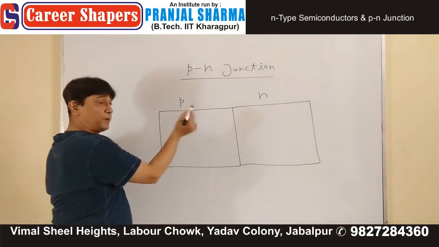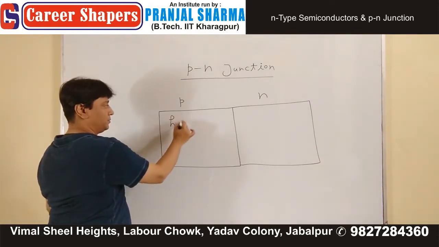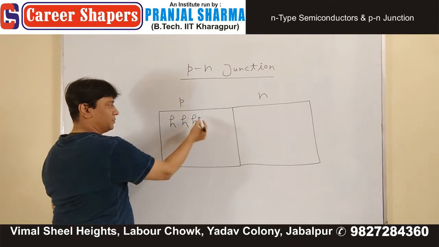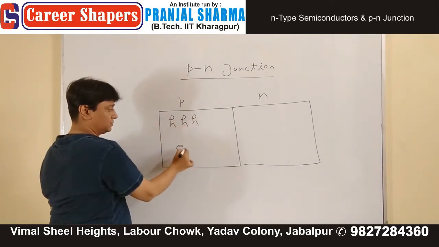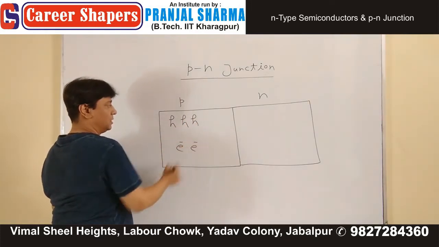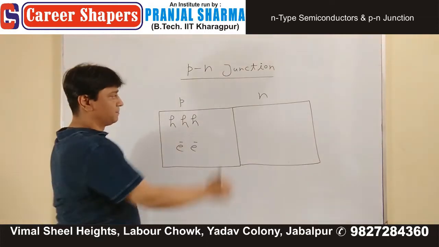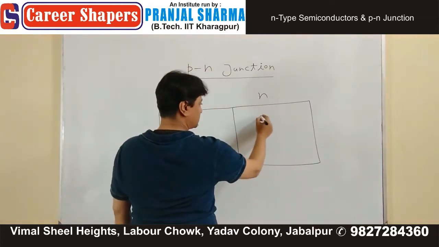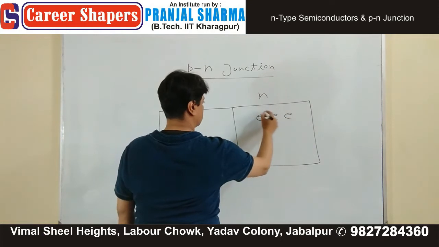In the p-type, there is an excess of holes. Holes are positive. In n-type, there is an excess of electrons.